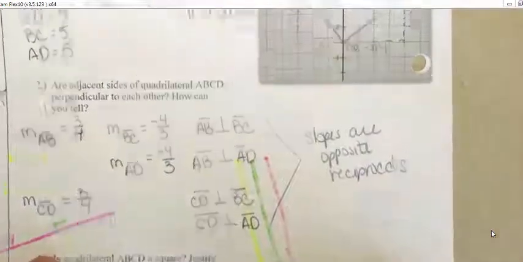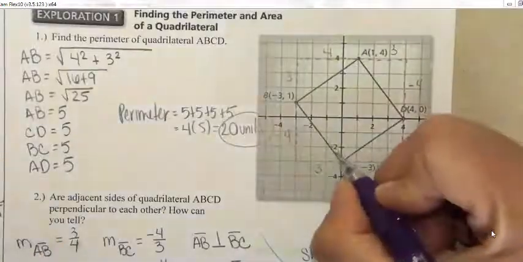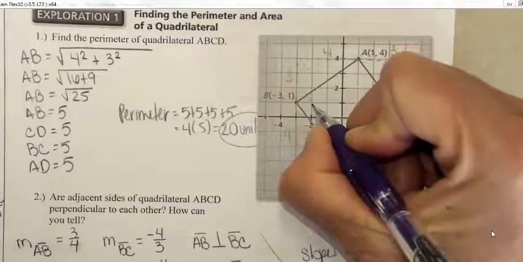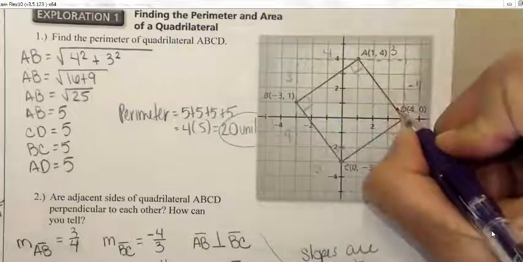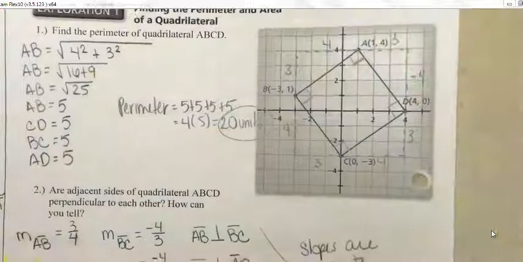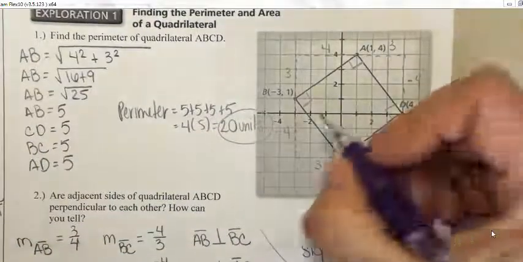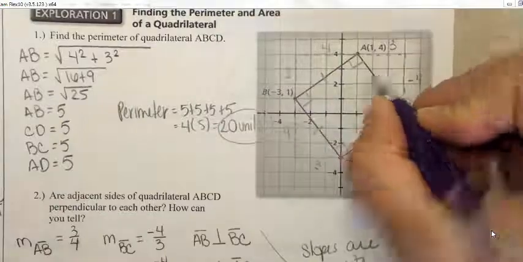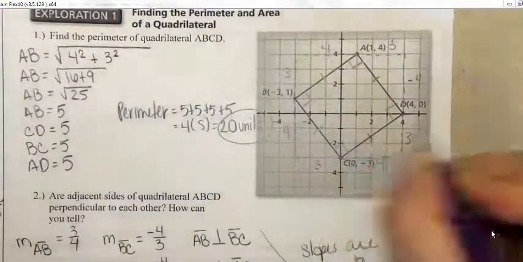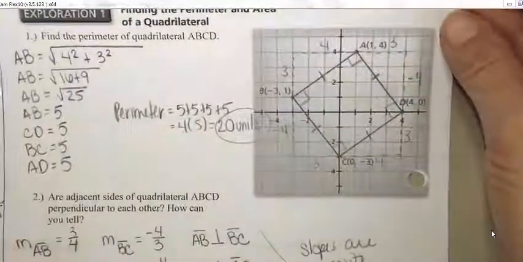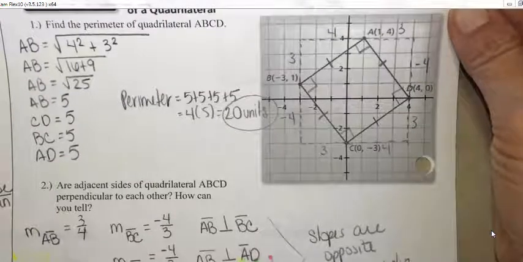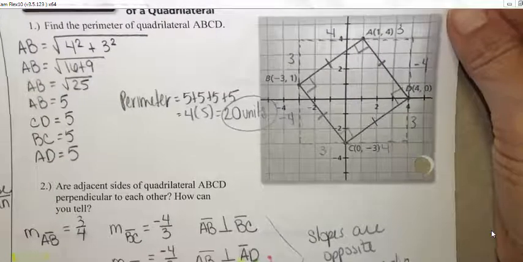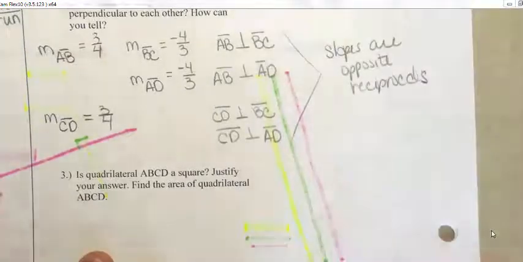All right, so what do I know now? Well, I know that I have right angles at every one of these corners, right? Because these are all perpendicular segments. All adjacent segments are perpendicular. I also know that all my sides are congruent, right? Because we found that back here. All sides are congruent. Pretty cool. So then what shape do we have? Well, let's go to number 3.